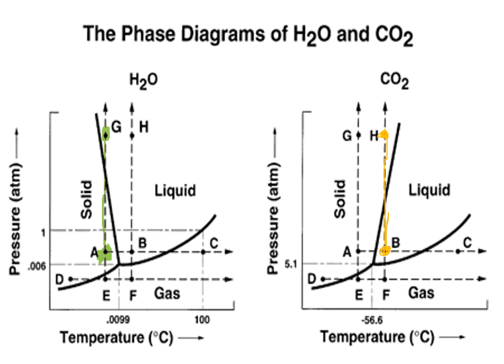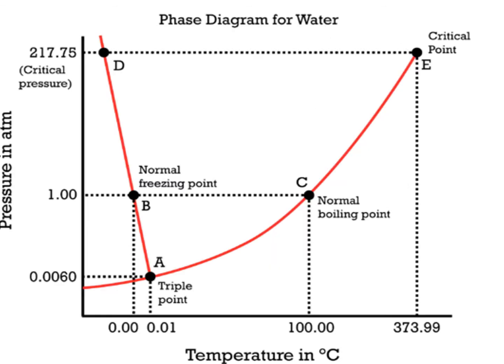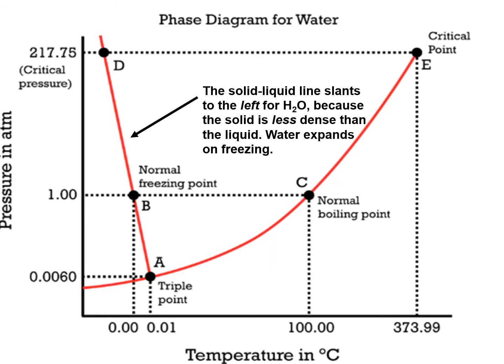So basically, if it's water, it should have this peculiar inclination towards the left. Any other substance would show an inclination towards the right. So basically, the solid-liquid line for water is inclined towards the left because the solid is less dense than the liquid.